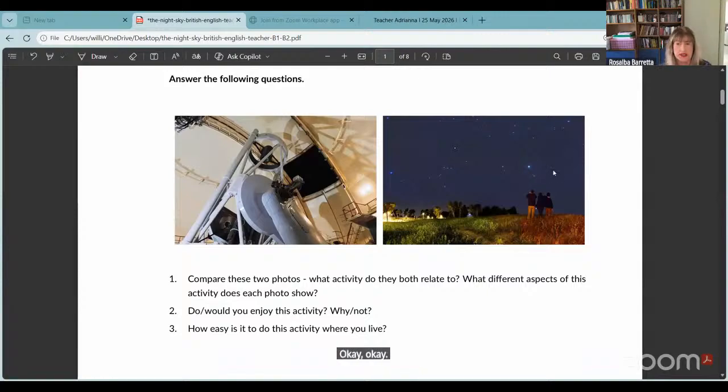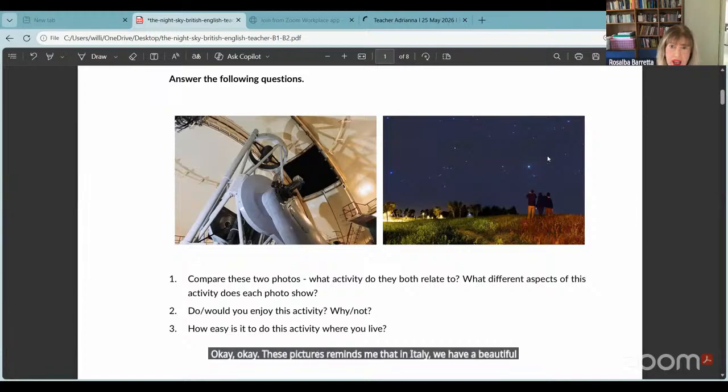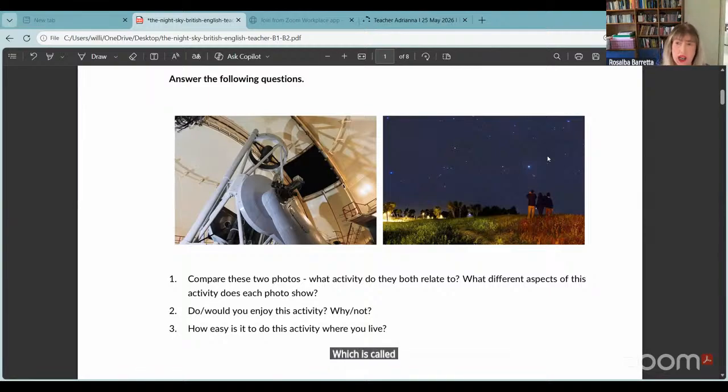These pictures remind me that in Italy we have a beautiful tradition on the 10th of August, which is called St. Lawrence Night. Thousands of young people sit on the beach.